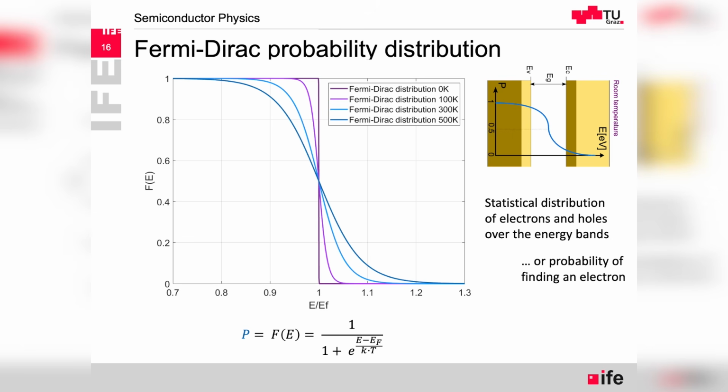Fermi energy is almost exactly in the middle. We can assume it's in the middle, and it's where this crossover of all the curves happens. And then as we increase the temperature, we can see the tendency toward a more uniform distribution of the charge carriers.